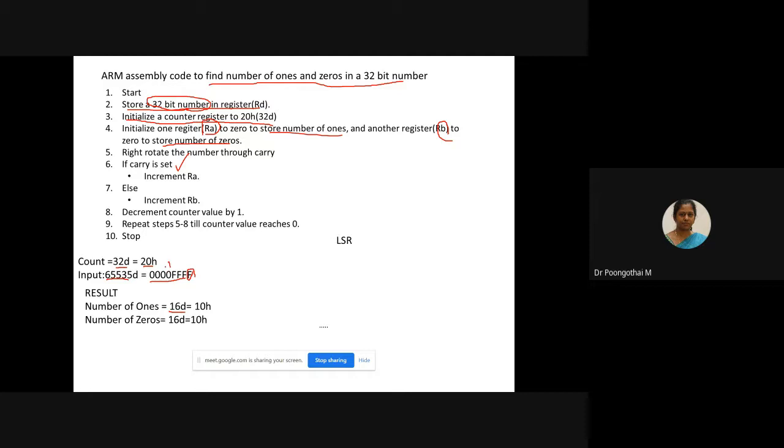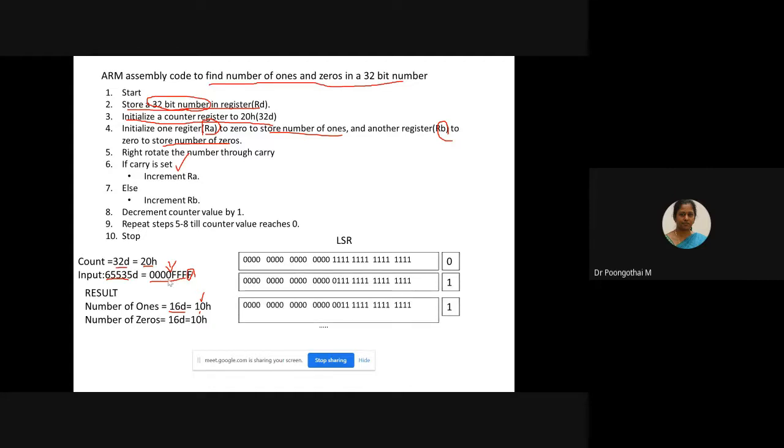Similarly, 0 contains 4 zeros for 4-bit representation. So 4 plus 4 plus 4 plus 4, 16. So after execution, your RA should hold this value and your RB should hold this 16. The hexadecimal representation is 10.